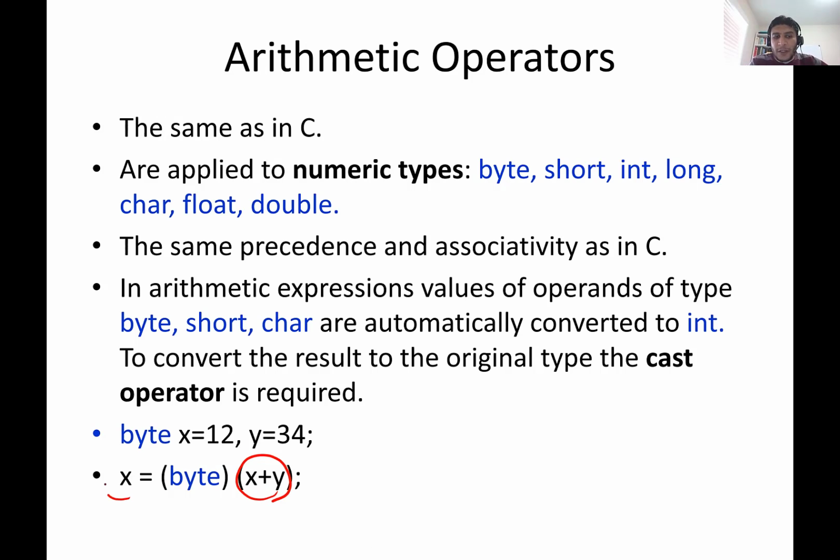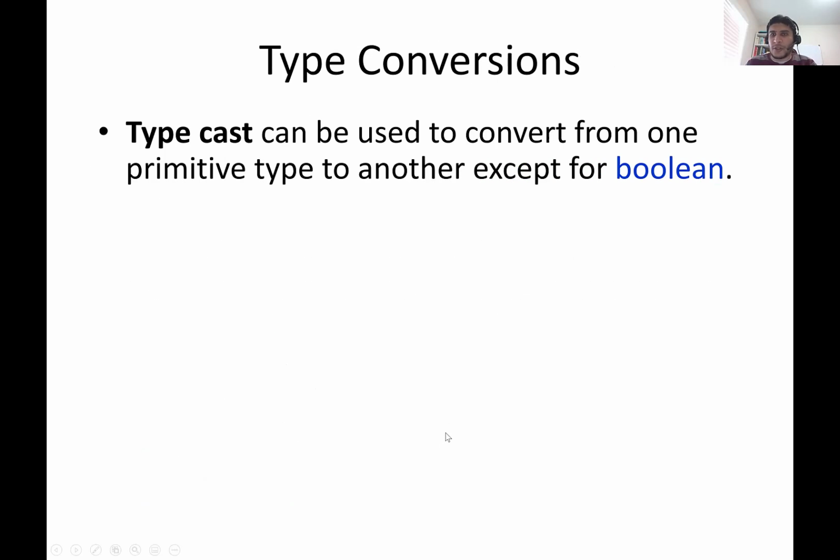So if I want to keep it as a byte, I would have to cast. Casting is exactly the same as in C. You just write the type you want to cast to between brackets. Good. We will come into casting right now. I'm just not throwing new information; it's something we already discussed before.